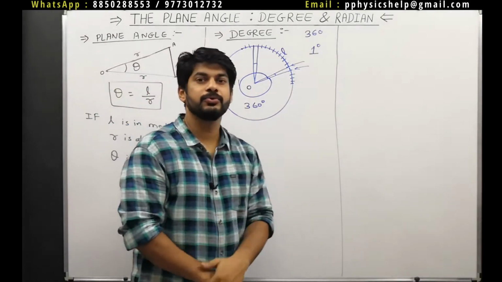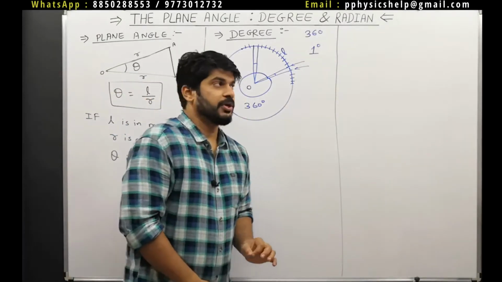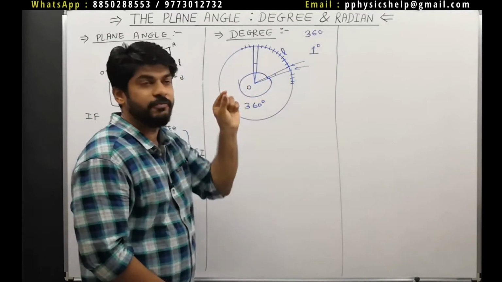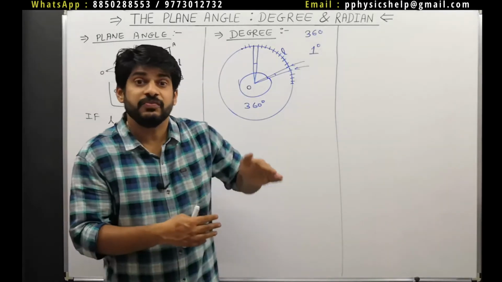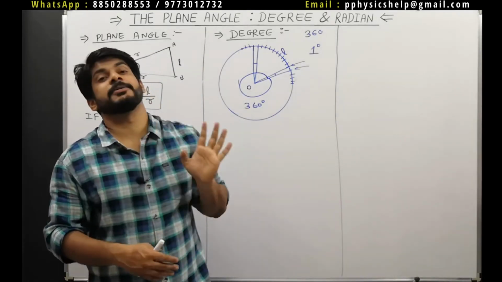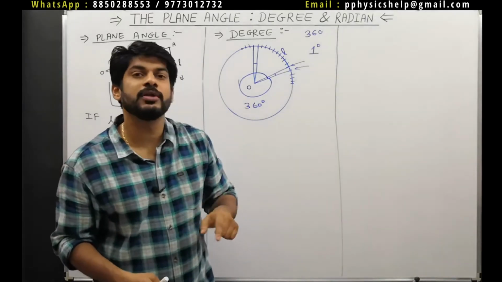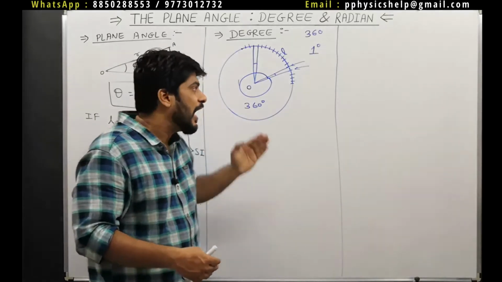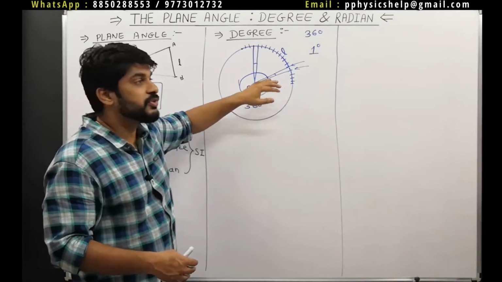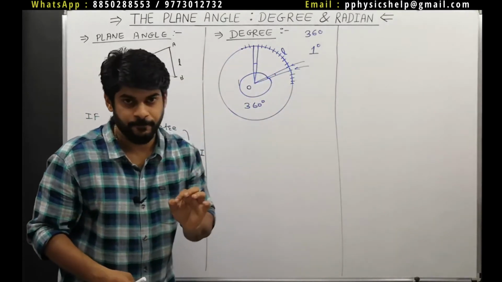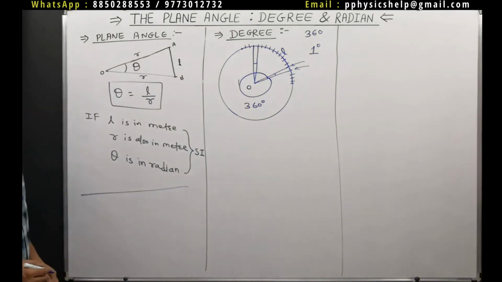Now we are going to go even further. See, this is a small angle, 1 degree, but there are cases where we deal with angles even smaller than 1 degree. So now we have to see another scale of plane angles which is even smaller than 1 degree. Just like, for example, you have the meter scale.